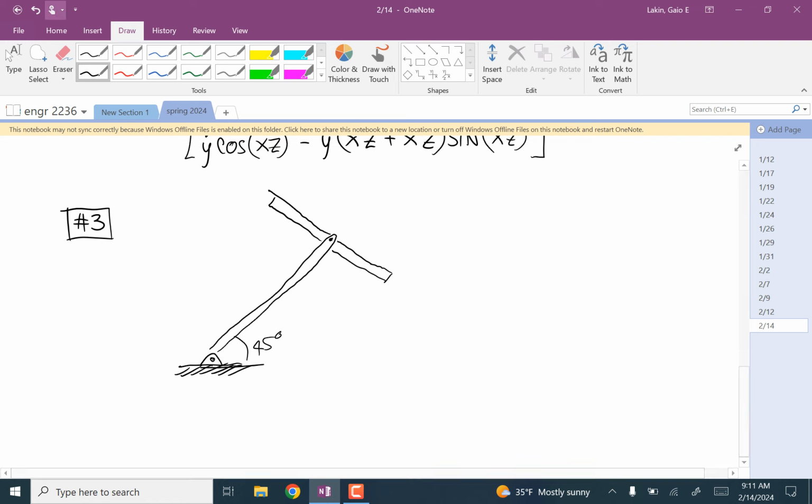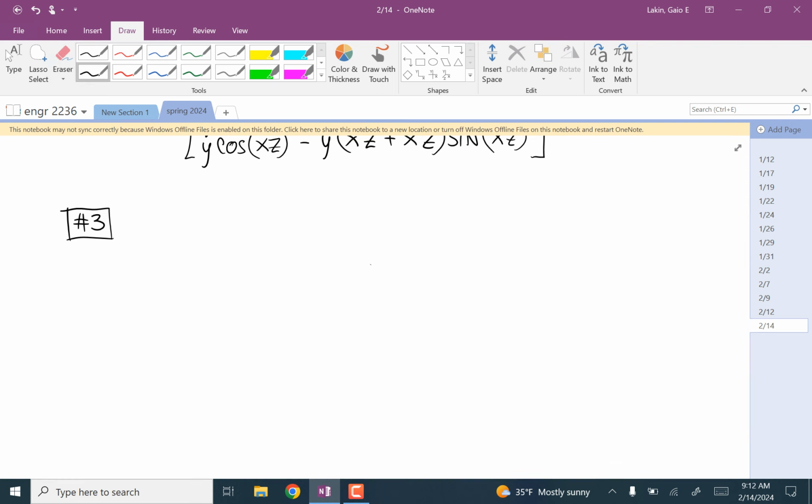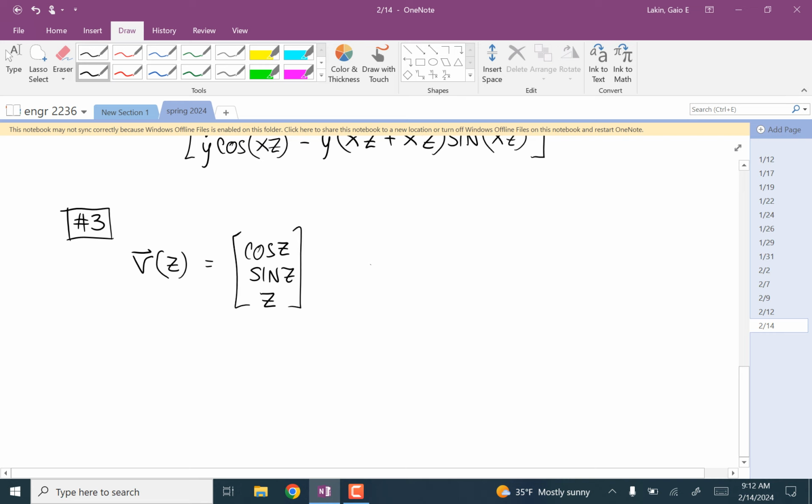Oh, that's 4. Okay. Thank you. So number 3, that one says you have a velocity vector, and it's given as a function of z: cosine z, sine z, z. Okay, that's the velocity vector.